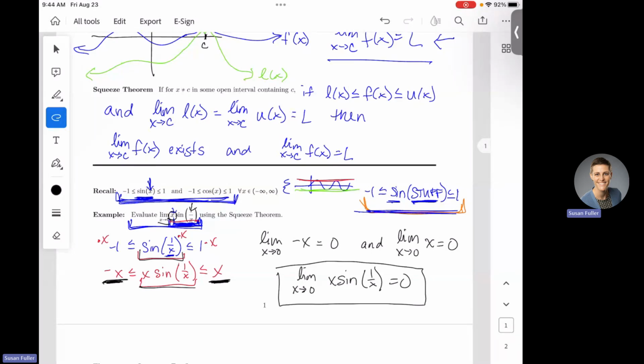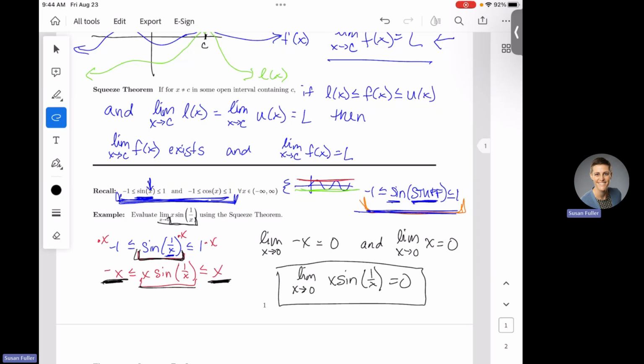Just take the sine or cosine of your stuff, whatever that is inside your limit, and bound it between -1 and 1. Then from there, you're just going to multiply everything by whatever you need to transform the sine of your stuff into the entire limit that you have.